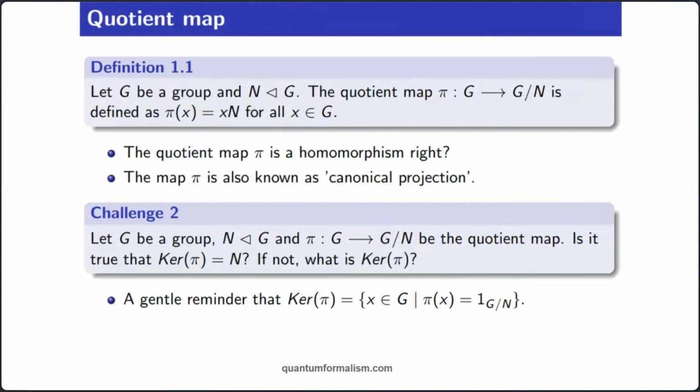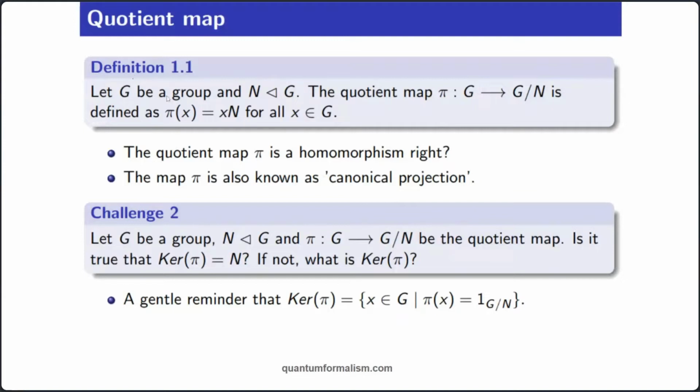Okay. So another notion we need, because of some of the results, a theorem in particular, is this notion of quotient map or projection map, the canonical projection.